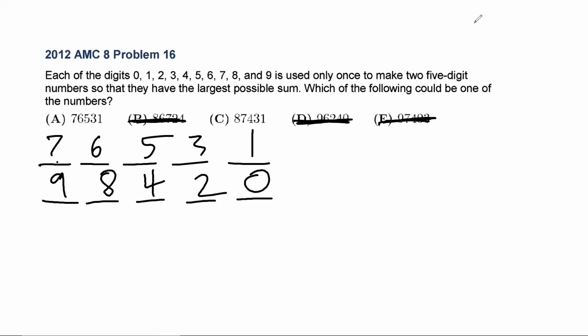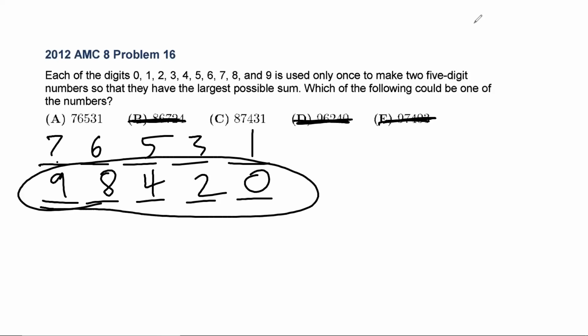But if you want to be smart about it, then you'll notice that this is not actually the most efficient way to order the digits. It would be much better, instead of having a 9 in the most valuable place and a 7 in the most valuable place, you could have a 9 there and you could have an 8 there.